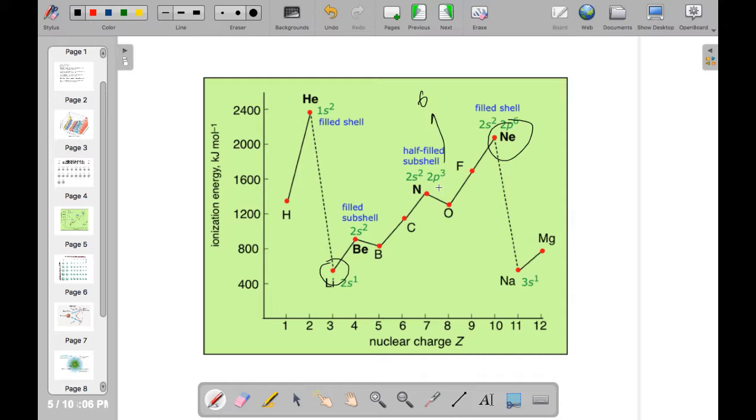As it turns out, when the p subshell is half full, there's 1 electron in each orbital there. It actually makes it much more stable. But once you add 1 more electron, that 1 more electron has to interact with one of these 3 electrons, and they repel each other, and it makes it easier to basically grab that electron away. So it does go up from left to right, but it doesn't go up in a nice curve like this or a nice straight line.